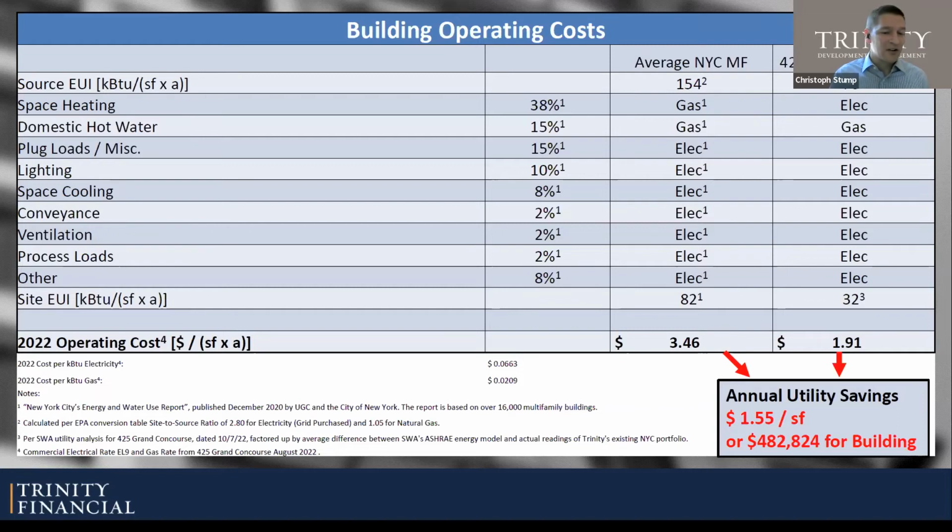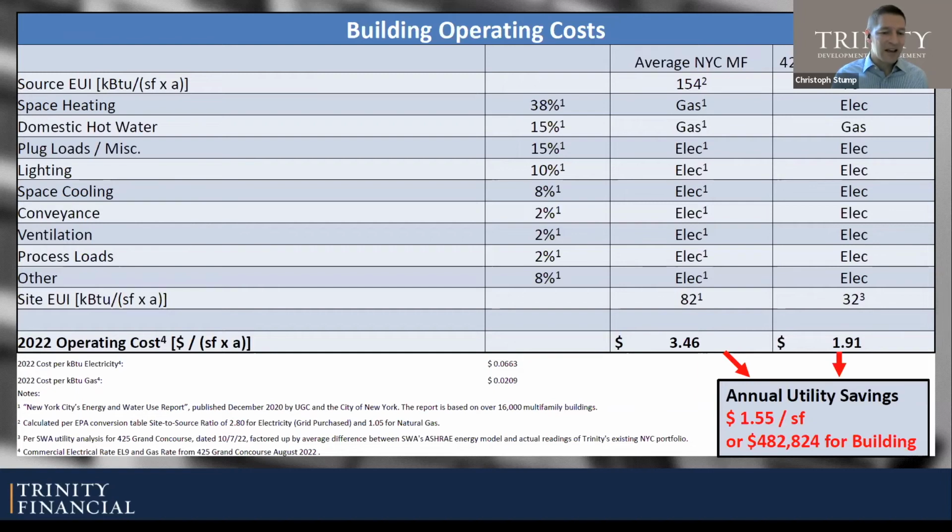And for 425 Grand Concourse, we are using a site EUI of 32 derived from an energy analysis by Steve Winter Associates. And because the analyses are based on ASHRAE and ASTM, whatever it is, they're not actuals.